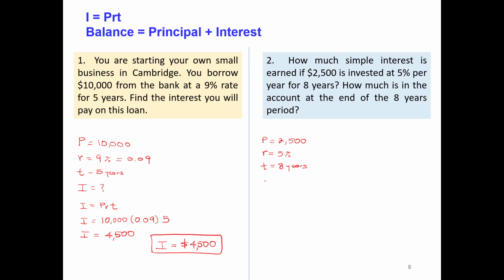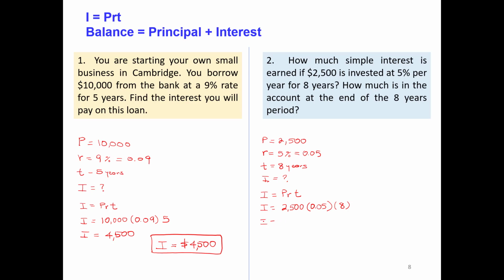And we want to calculate first the interest. Remember, we need to change the rate into decimal notation. Now we can calculate. We use this equation, so the interest will be 2,500 multiplied by the rate multiplied by the time. We multiply these numbers together, and we find the interest is 1,000.